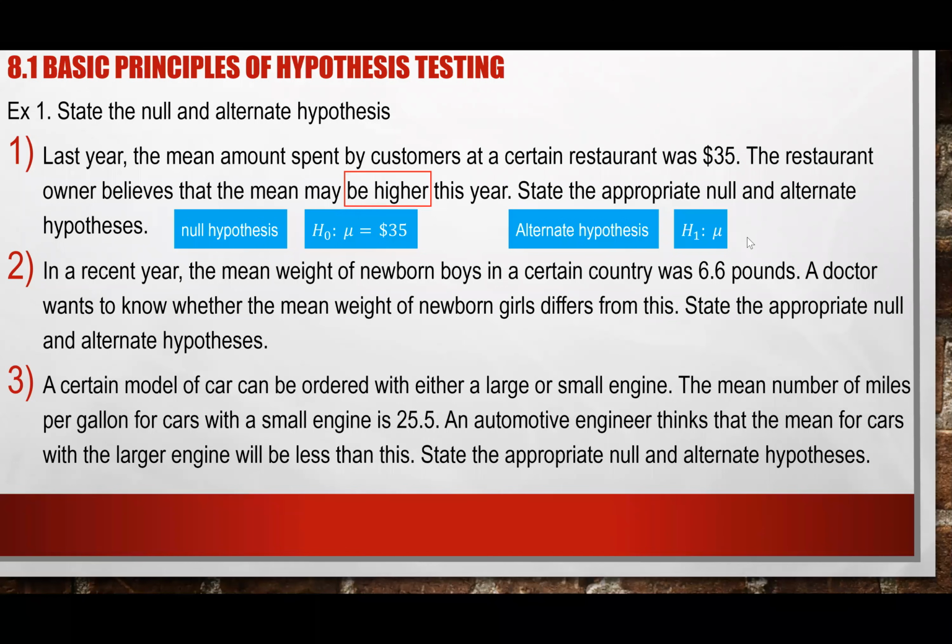Whatever the mean is has to be bigger than, greater than, higher than 35. So this is your alternative hypothesis, or alternate hypothesis, which is mu is greater than 35. Okay, and that's all we need to do to state this hypothesis.